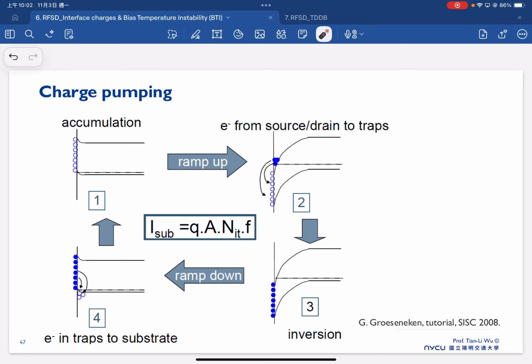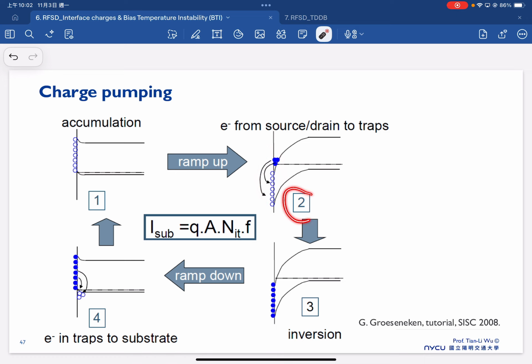The first step, as I said, is the accumulation. The purpose of the accumulation is to empty the states. We want to make sure there is no trapping in the accumulation, and then we start to bias into inversion.